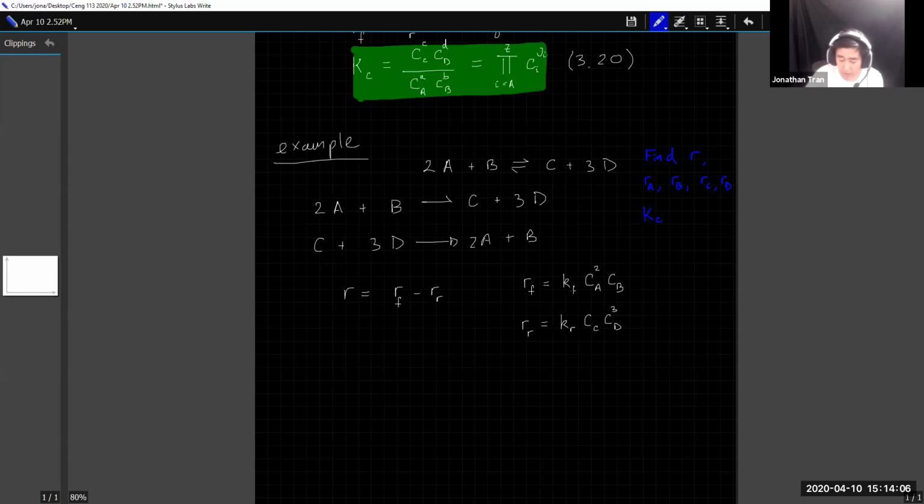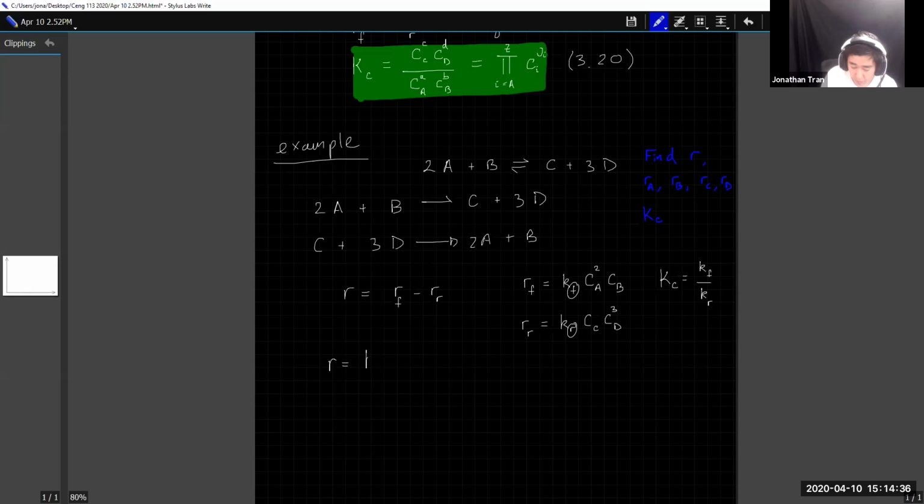Now again, this k_F and k_R, moving forward, I'm not going to keep writing those, because when we introduce the form of K_C as the ratio of k_F to k_R, it's assumed that any lowercase f you see is going to be the rate constant for the forward reaction. So when I write the rate law here, I'm going to be dropping the F and R subscripts.